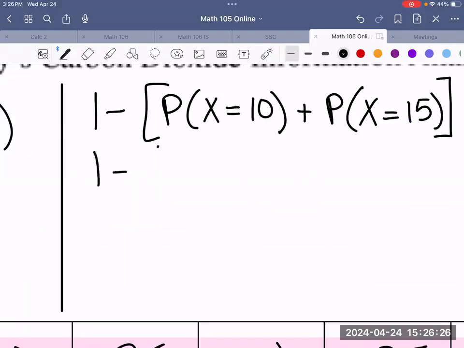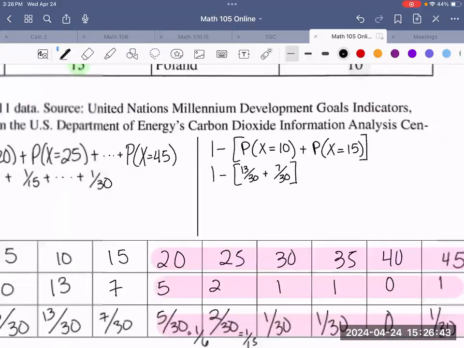So 1 minus, what is that? 13 over 30 plus, let's see, 7 out of 30. And then that would be your answer.